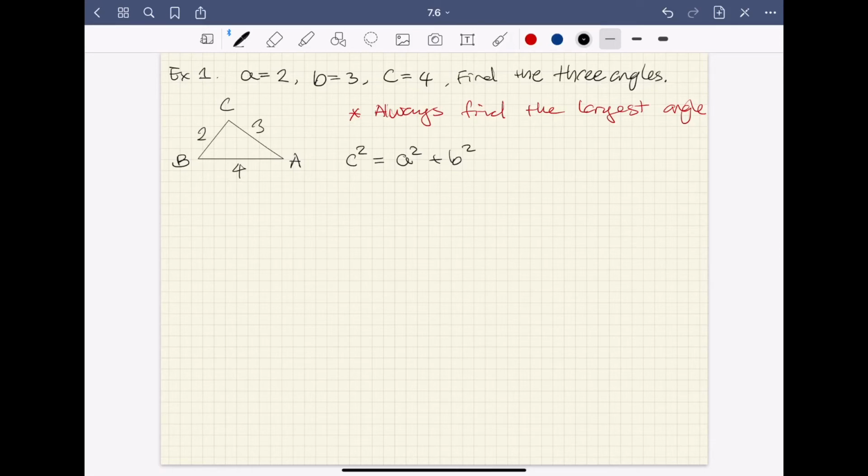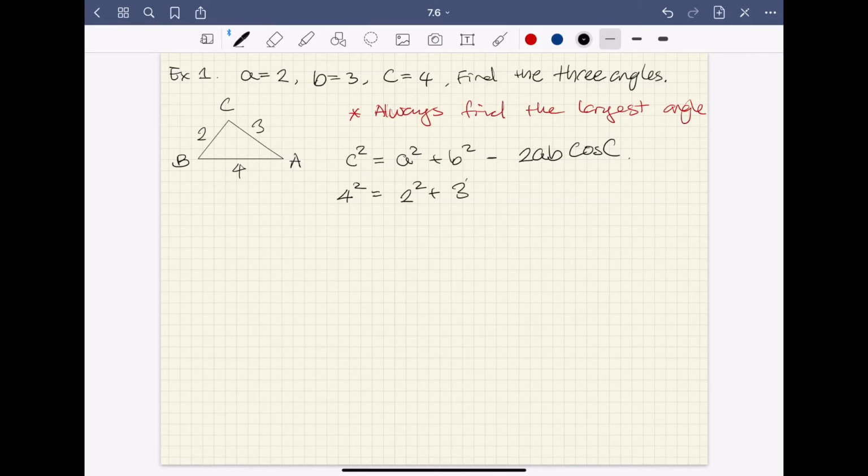That's the squares of the two other sides added and then subtracted by 2 times the product of the two other sides times cos C. Okay, so you can either derive cos C first and then plug in the values, or you can plug in the values here and derive for cos C. So here I'm just gonna plug in the values.